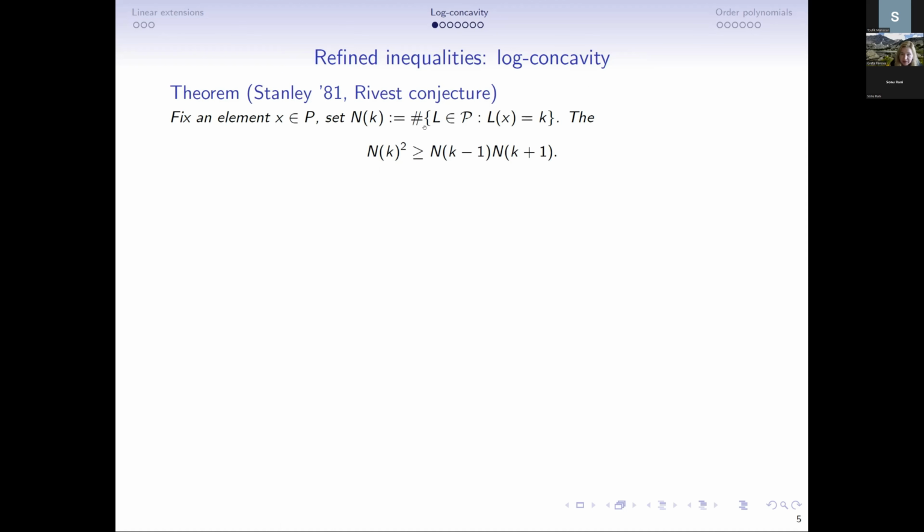And k here is the number of linear extensions such that the value of this particular element is equal. So we fix some element x in P, we look at all linear extensions for which the value at x is equal.